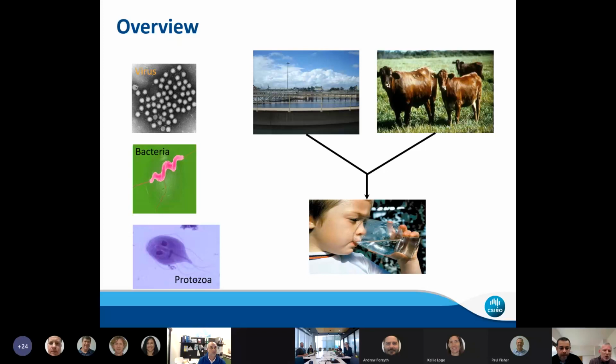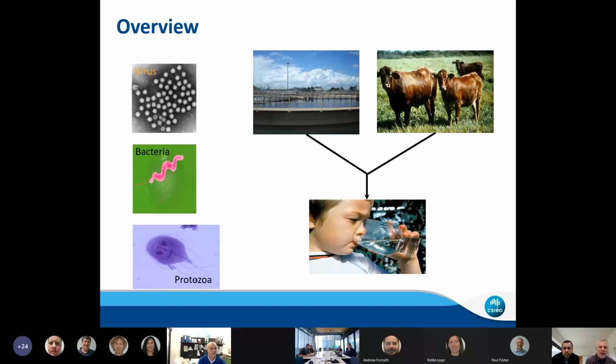So SEQ water is required to provide a good quality water that can be used for drinking, and therefore the more that is understood about the processes in the waterways, the easier it is for SEQ water to supply a good quality water that can help protect people's health.